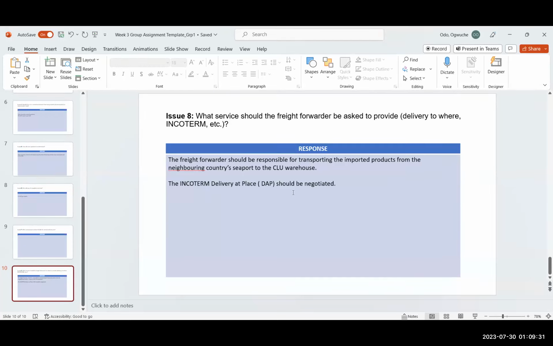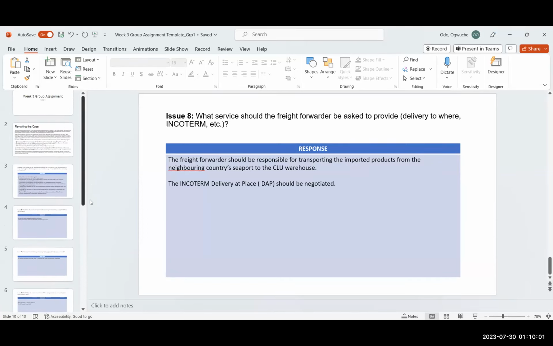And for the Incoterm, delivery at place basically talks about the seller taking responsibility for taking care of the products in terms of shipping, insurance, and the like, until he delivers at a place designated by the buyer, which in this instance is the central warehouse for the central logistics unit. So by and large, this is what we came up with for group 1.